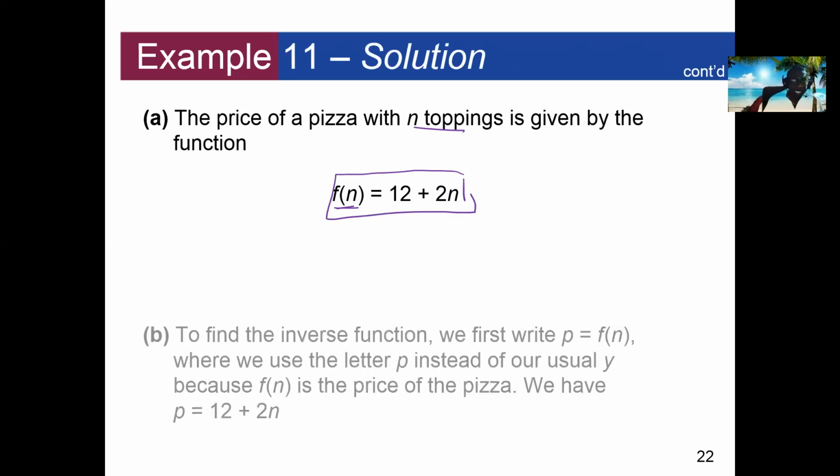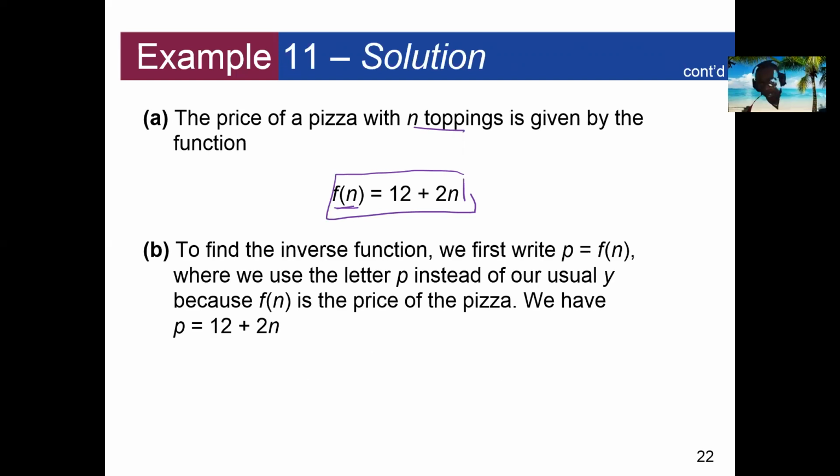All right. Now, to find the inverse, we first let P equal to that. Now, all that we need to do is that the inverse function is a function of the price, so we just have to solve for n in this case. So we let P equal to 12 plus 2n, and then we solve for n.